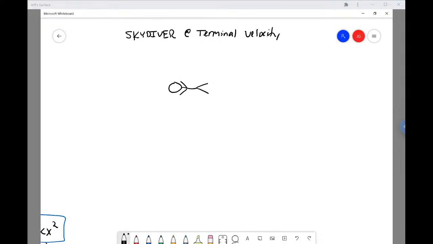Yeah, that's good enough. So the skydiver is falling. As the skydiver is falling, it's experiencing a displacement in this direction. There's a force of air drag in that direction, and there's a force of gravity, F sub g, the skydiver's weight, which is pulling it down.